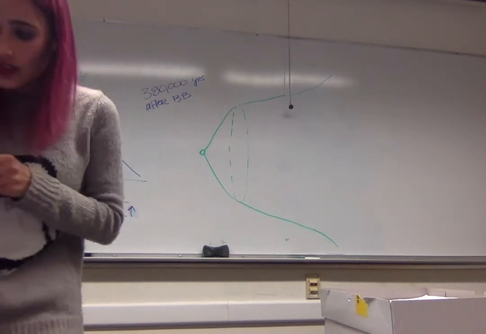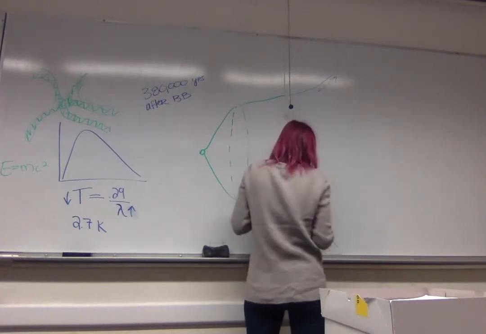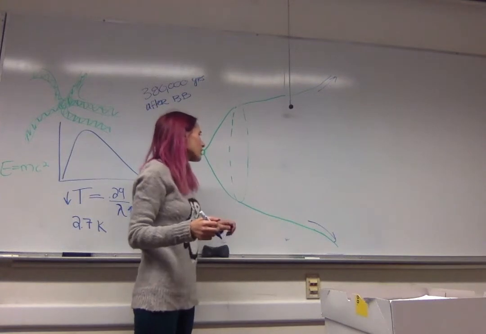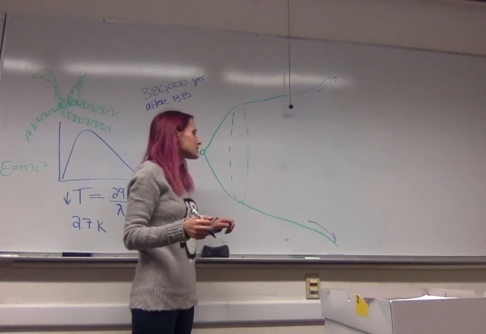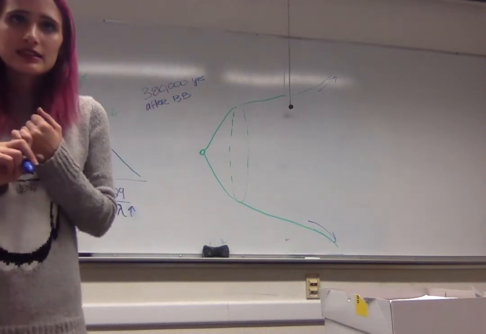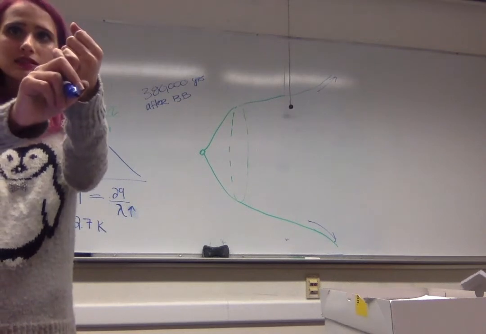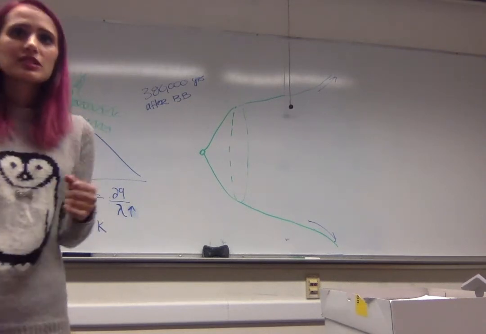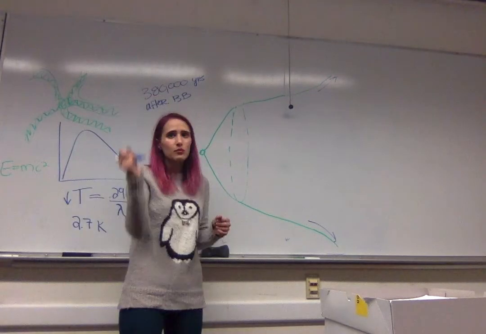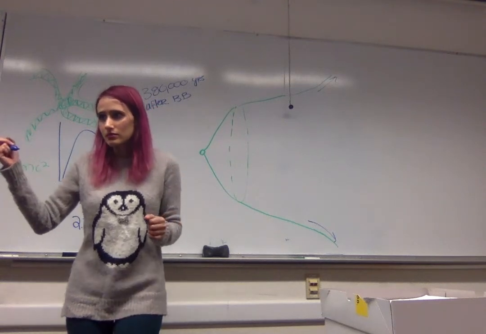So when we look at supernovas at really far distances, which means we're seeing them farther in the past, we can see that the universe used to be expanding more slowly. So if it was expanding more slowly in the past, that means it's speeding up, right?